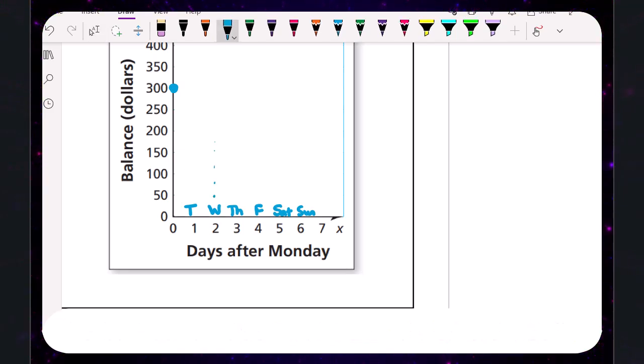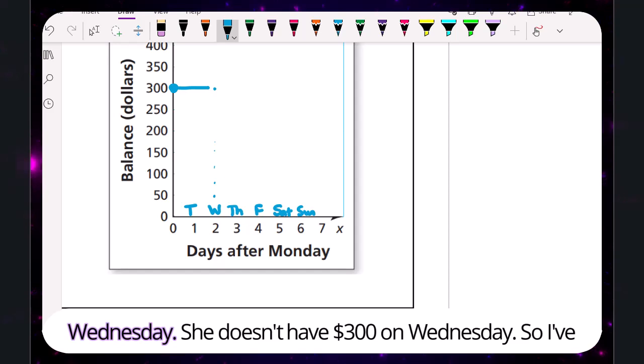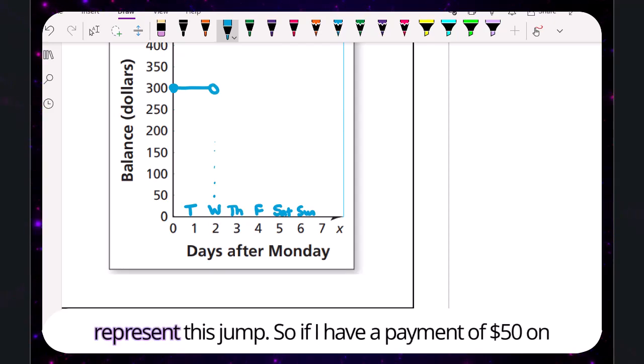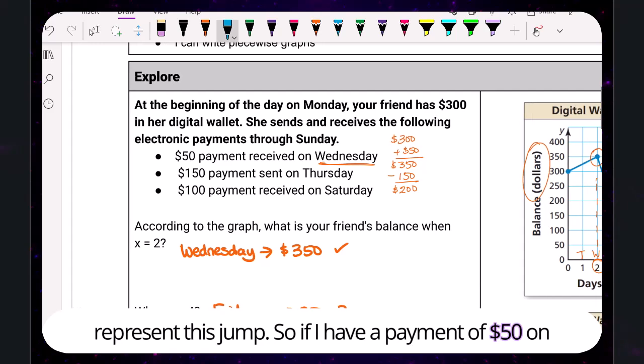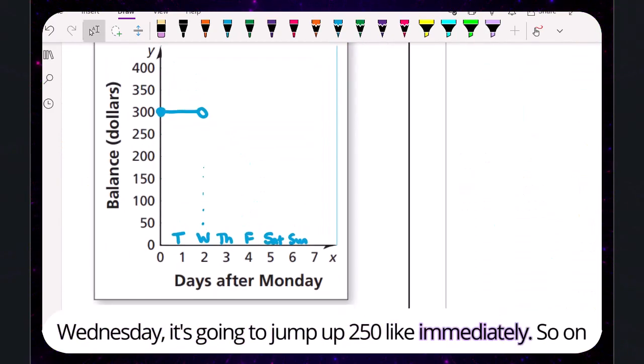So I'm going to keep $300 in her account until Wednesday. She doesn't have $300 on Wednesday, so I've got something like a barrier. I'm going to put a hollow circle here to represent this jump. If I have a payment of $50 on Wednesday, it's going to jump up to $350 immediately.